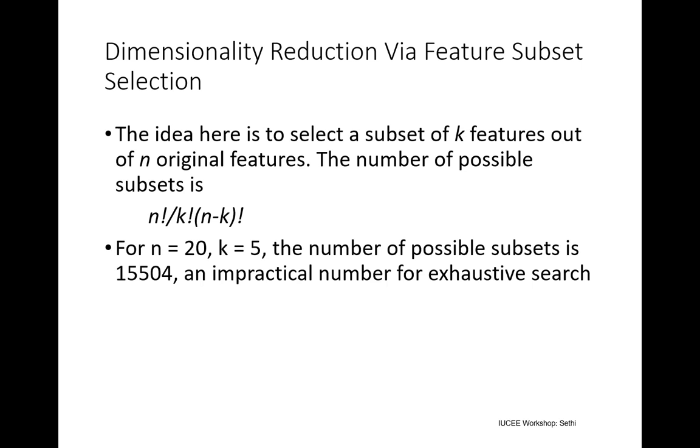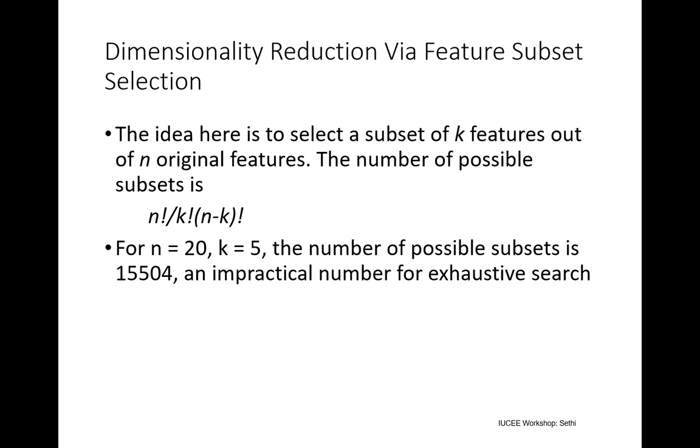So the idea here is to select a subset of k features out of n original features. All right. Obviously, if you have n original features and you want to pick k, there are a number of ways in which you can do that. And the number of possible ways in this particular case is n factorial divided by k factorial times (n minus k) factorial.